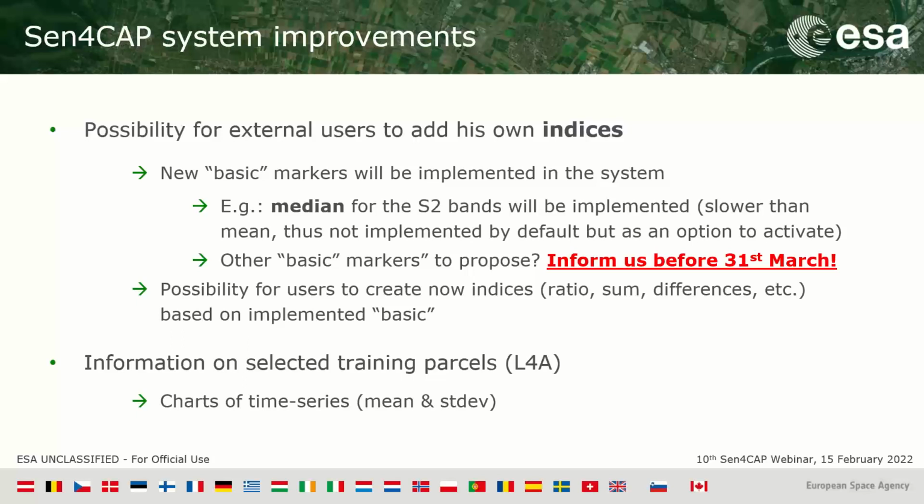So for that, we have to first define some basic markers that will be implemented into the system. For example, there was a user asking for the median to be implemented for the Sentinel-2 band. And so we will implement it into the system.